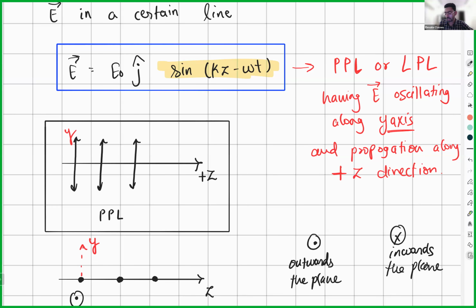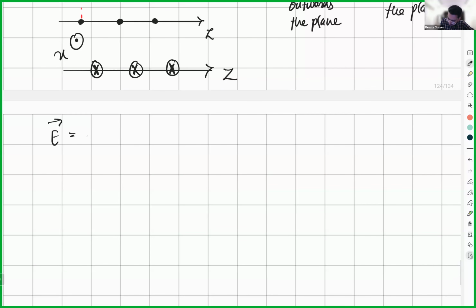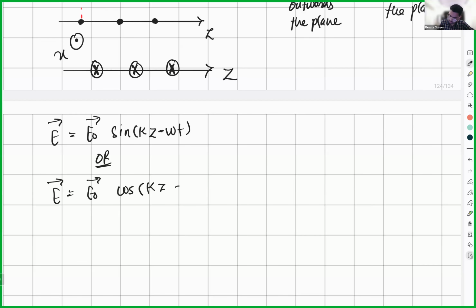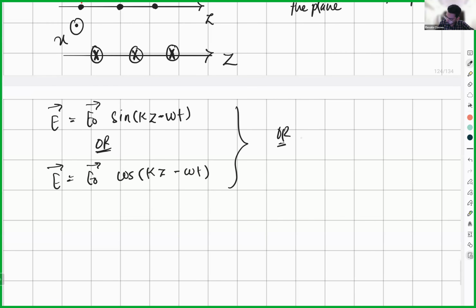Sometimes, instead of using sine or cosine in the phase, we tend to represent it by exponential. So either you write something like this, or you write something like this, or else you can also write it as this.